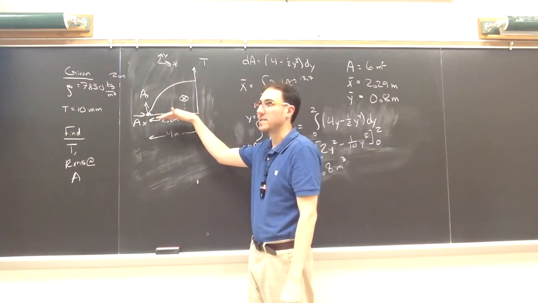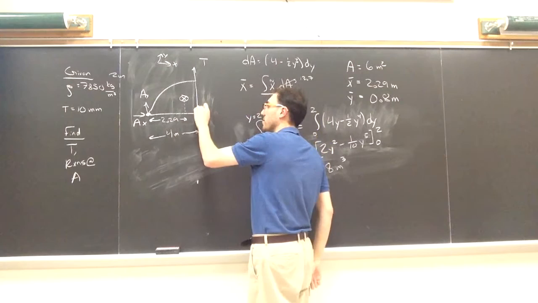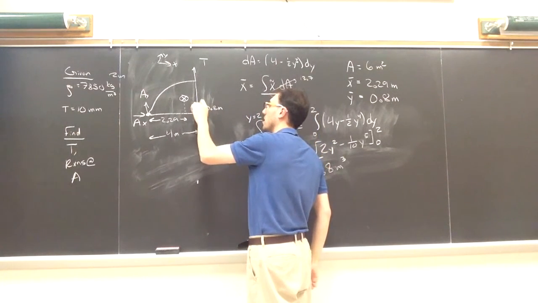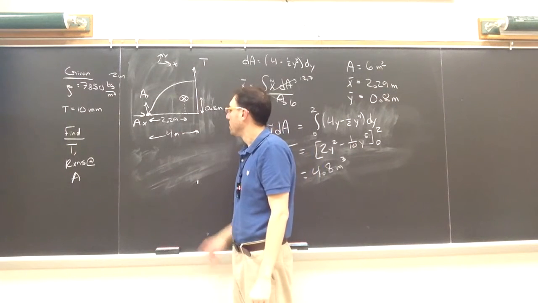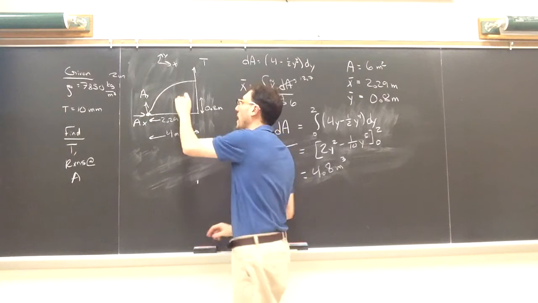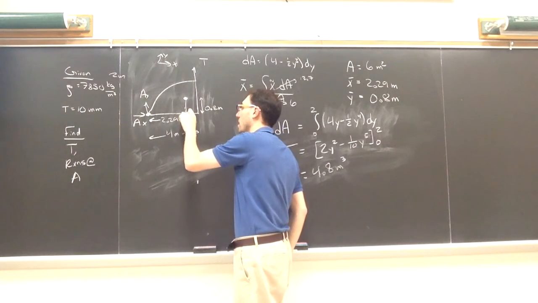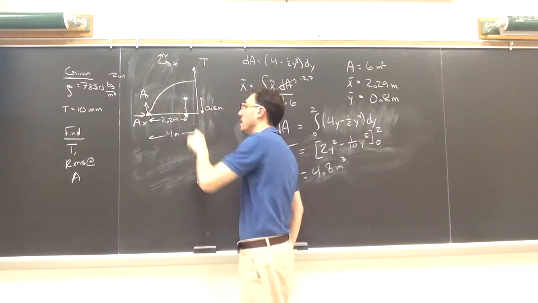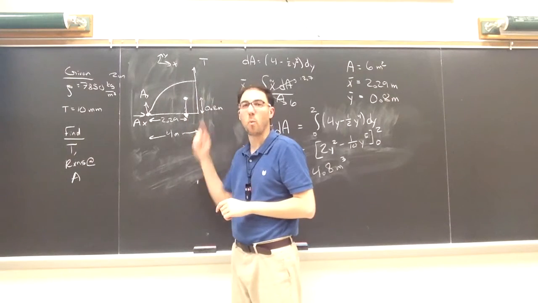And from the x-axis as defined here, I have to go up by 0.8 meters. That tells me that's where I can locate the weight of the plate. However, I don't know right at this moment what that weight is, but I do know where it is.